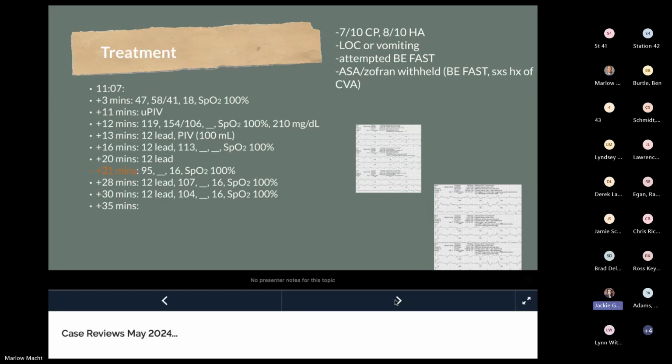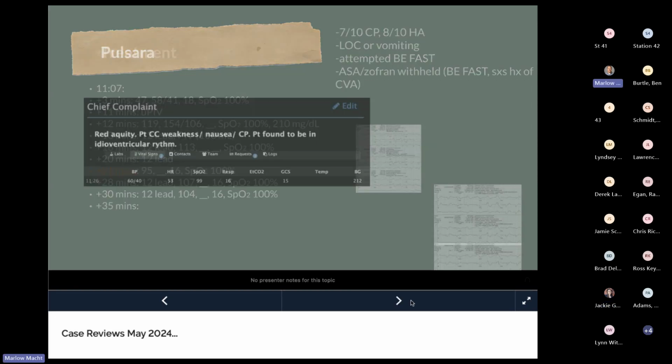And they arrive at the hospital at 35 minutes. They document that they did not give aspirin or Zofran because of BE-FAST symptoms of possible stroke. So for inability to do a swallow evaluation for aspirin, and I don't know for the Zofran explanation, but I assume that's the aspirin explanation. Next. Did the patient get calcium?